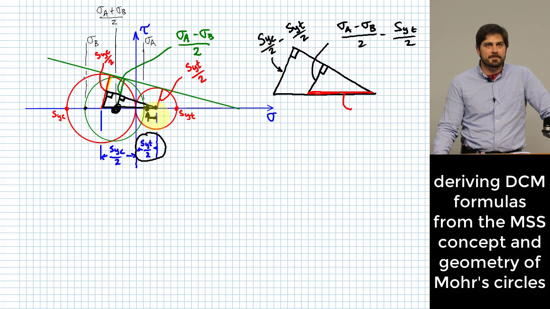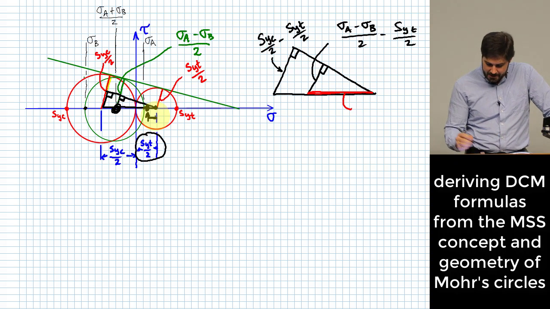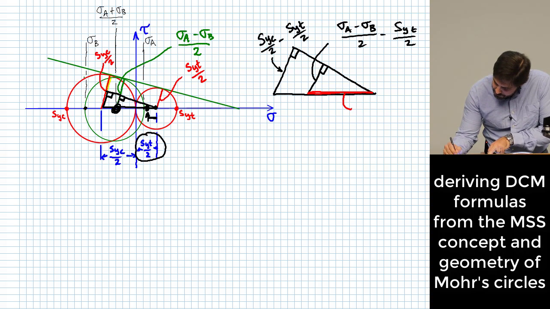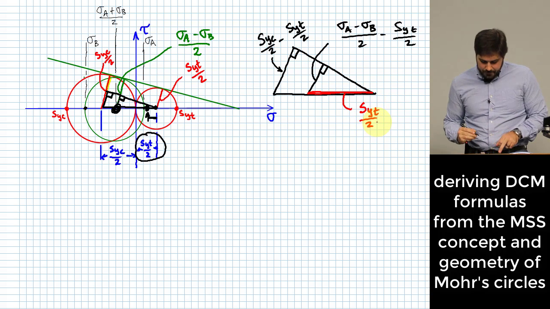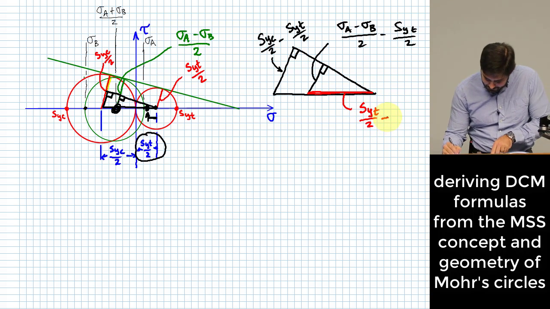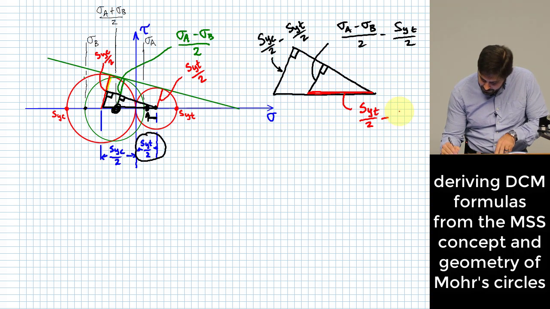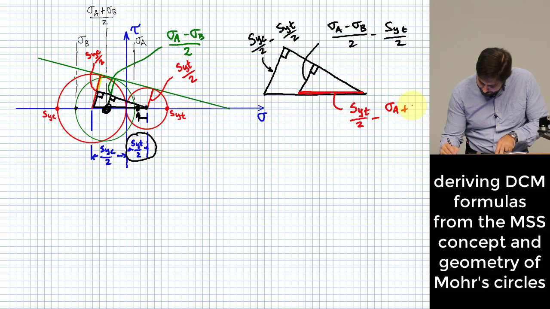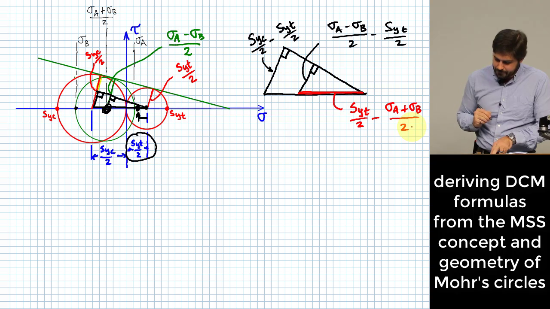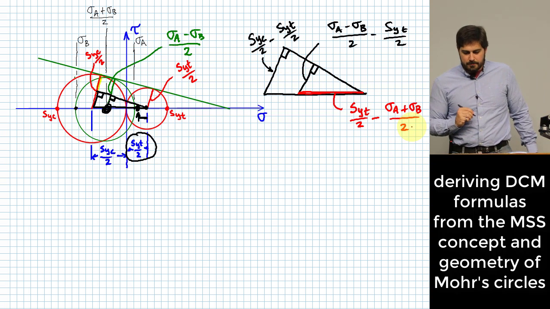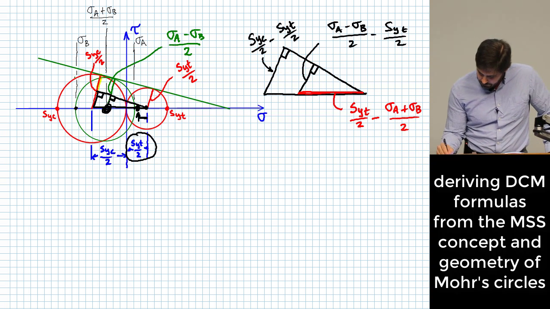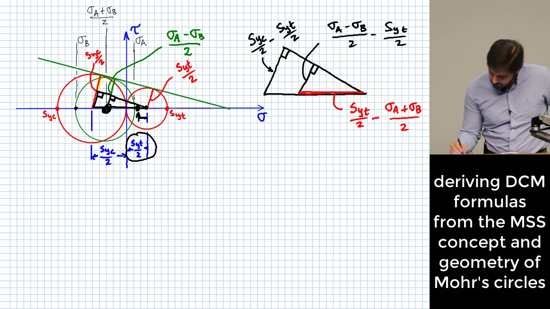That make sense? So anyway, I wanted that to make sense. S sub yt over 2 minus the coordinate at that location, which is sigma a plus sigma b over 2. All right.